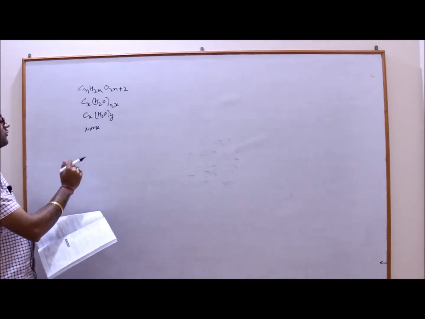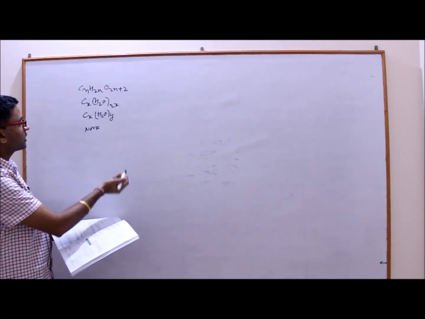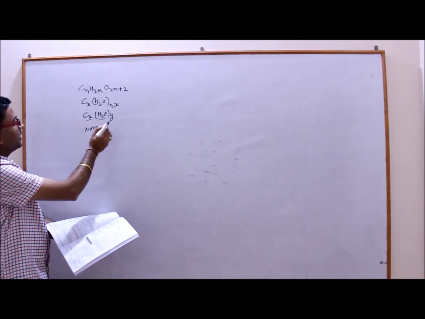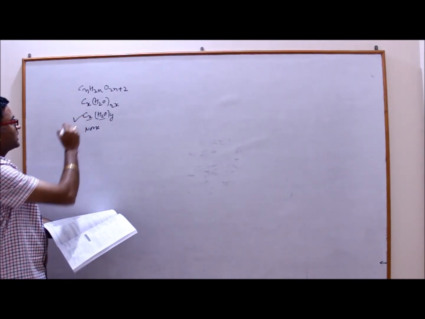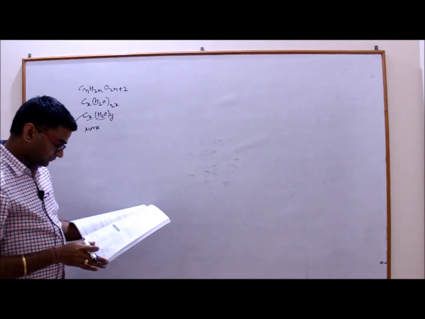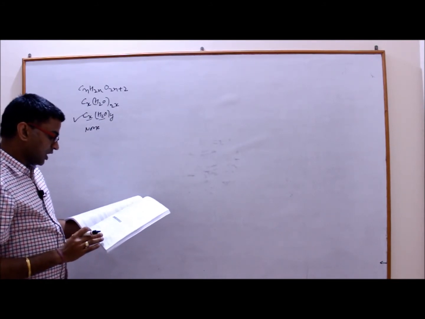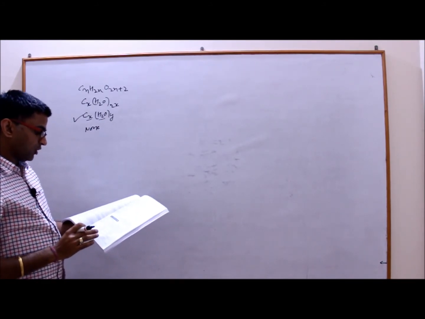So we know the general formula of carbohydrates, that is hydrates of carbon, and we know it's X and Y value. So the answer is C.